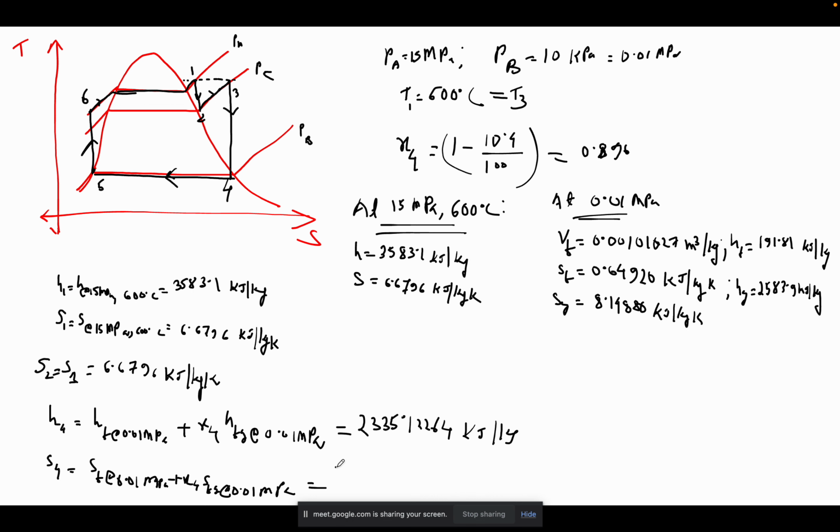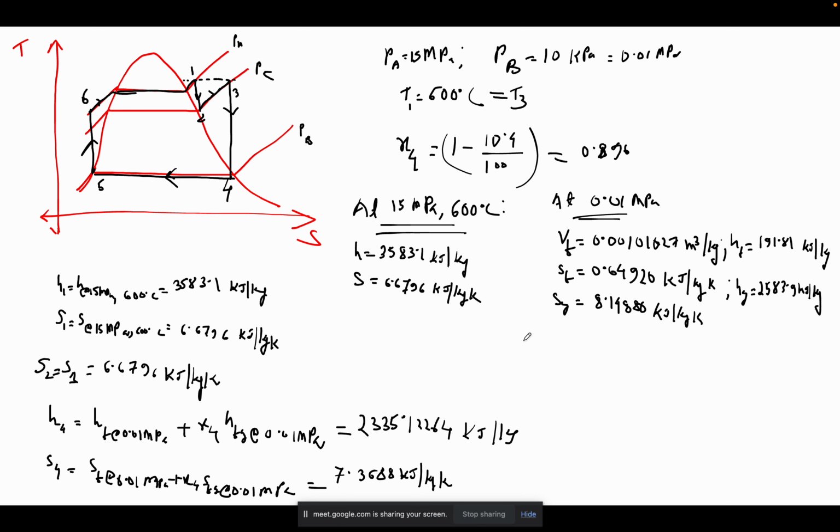So that is equal to 7.3688 kilojoule per kg Kelvin. Okay, so this is your S4.